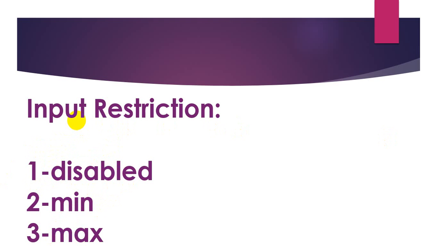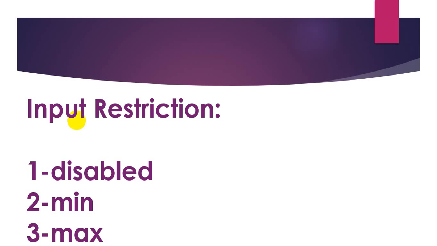What is meant by disabled? As the word disabled clearly says, anything which you write on your web application will be disabled. It means you cannot access this input tag. If you write an input tag, that is input type equal to text, it will be disabled and you are unable to access this field.